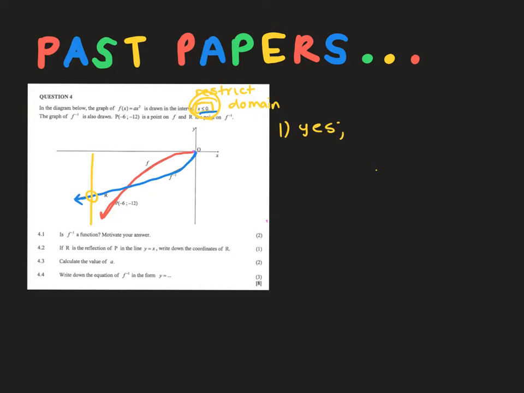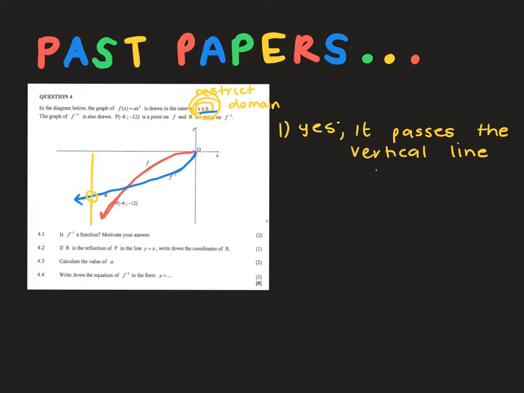So the very simple thing to write would be that it passes the vertical line test. That's what we were discussing earlier, that when I hold a ruler up to the graph, it only gets cut once by my ruler, so therefore it must be a function.